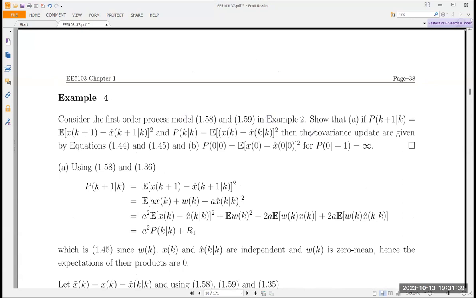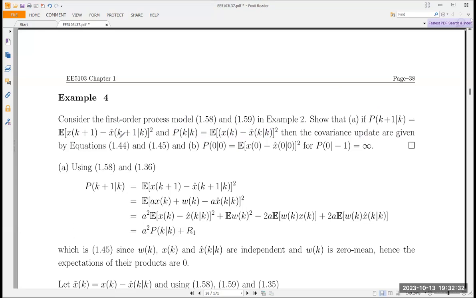Show that P(k+1|k) is the estimation error variance between the true state at k+1 and the estimated state at k+1 using y up to k only, which means you are not using the latest measurement at k+1. And P(k|k) is the variance of the estimation error between the true state at k and the estimate at k using the measurements up to k.